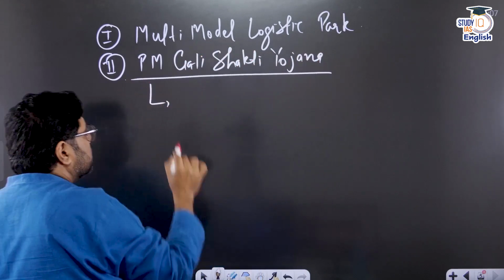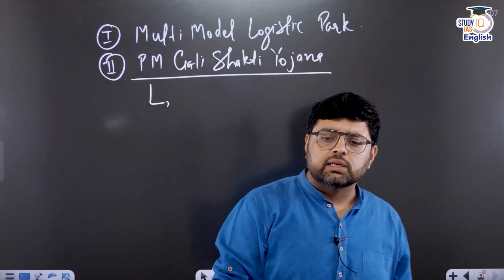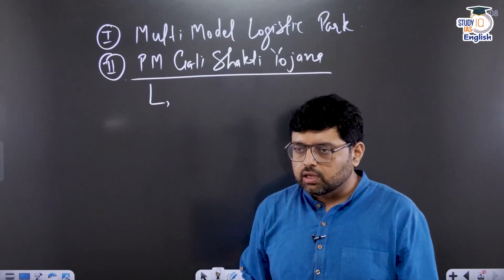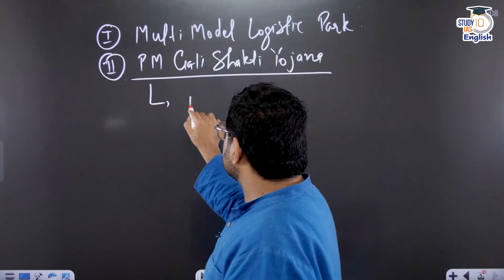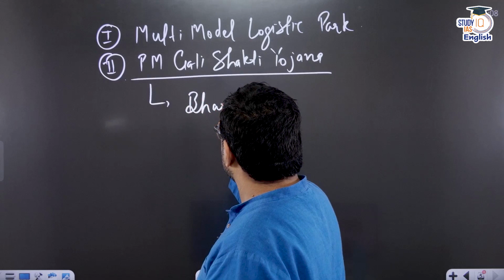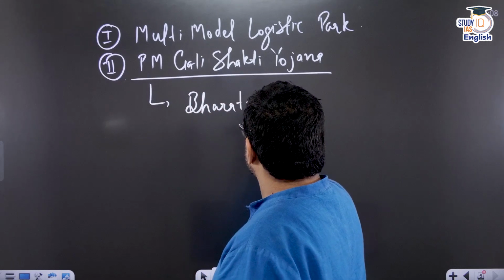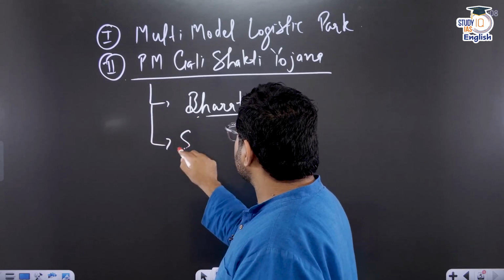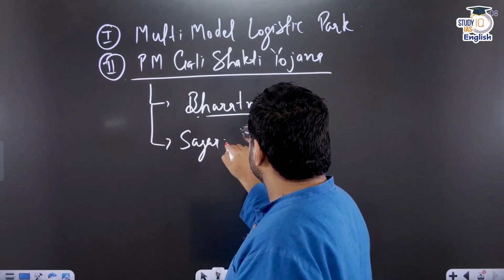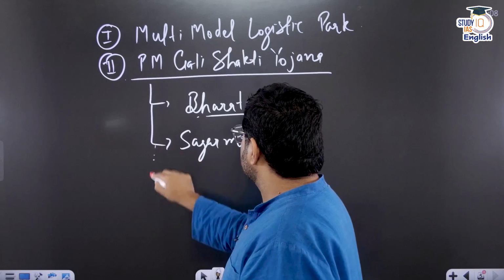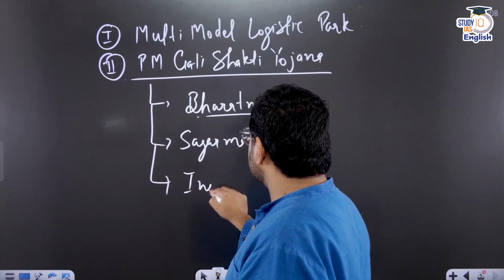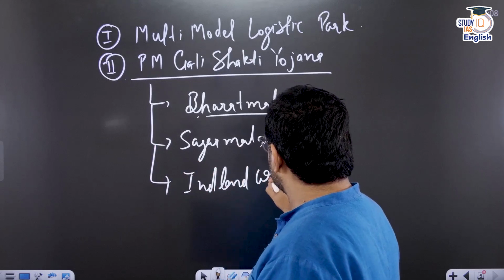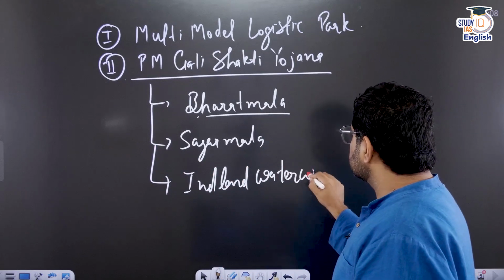Here the government is developing infrastructure with the coordination of 16 ministries. So you can say the concept of Bharat Mala, Sagar Mala, development of inland waterways.